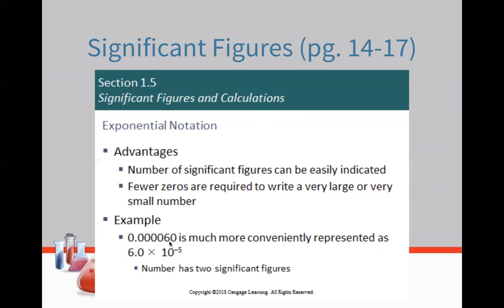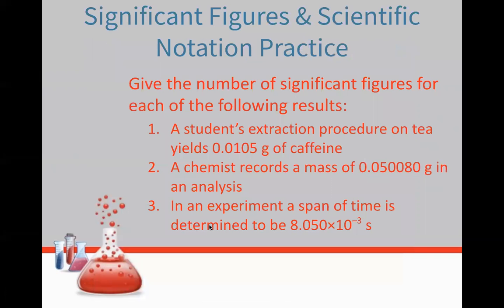Since we're moving to the right, it's negative, and we moved it 5 times, so that's where 10 to the negative 5 came from. It's also really important to keep the same number of significant figures. Since we had 2 here, we need 2 here. So 6.0 has 2. That decimal point is really important. Take some time to figure out how many significant figures are in each of these problems.